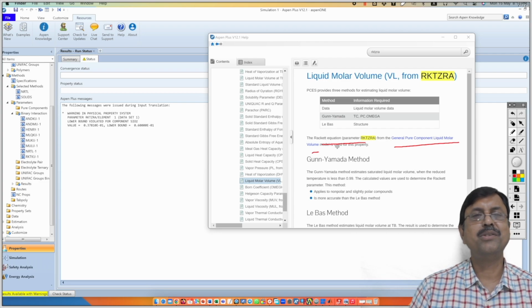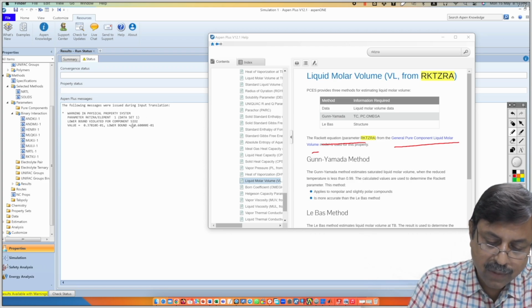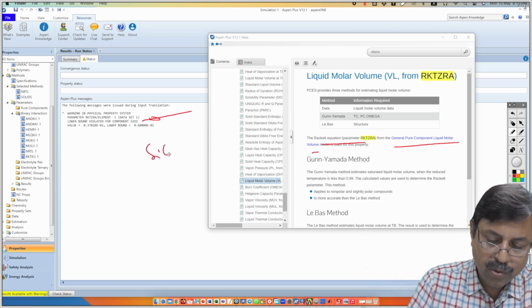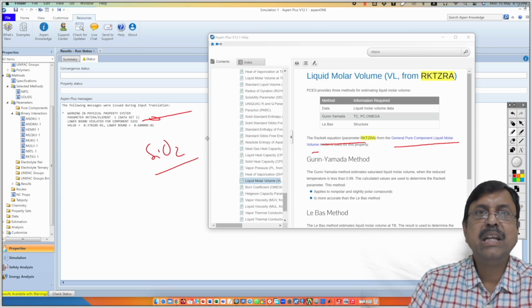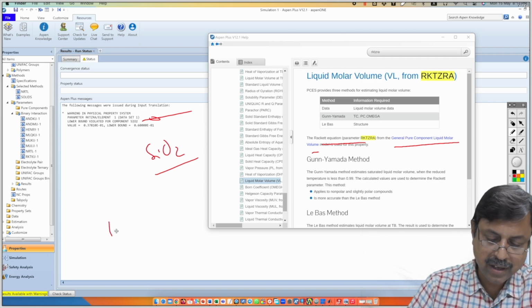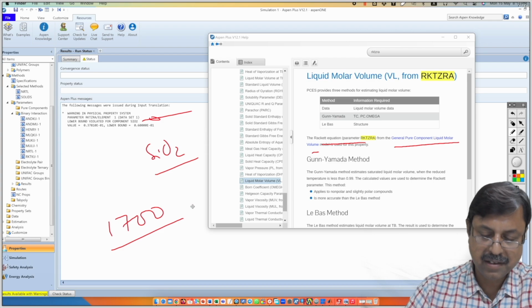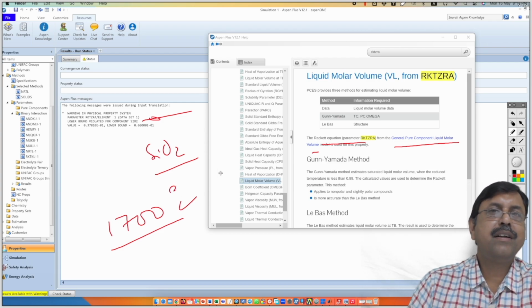Now think of the situation that we are dealing with SiO2 solid, right? We are dealing with the SiO2 solid. Now we do not have any liquid form of SiO2. Anyway, the melting point of silica is somewhere around 1700 degrees centigrade, and we are working at 25 degrees centigrade.